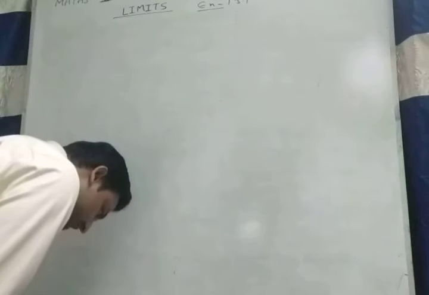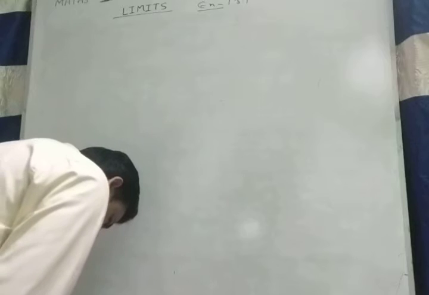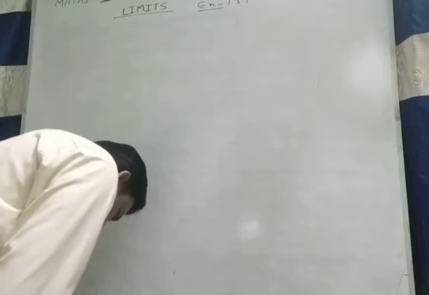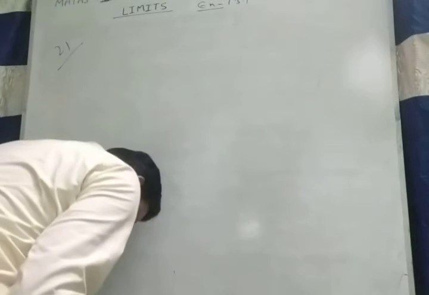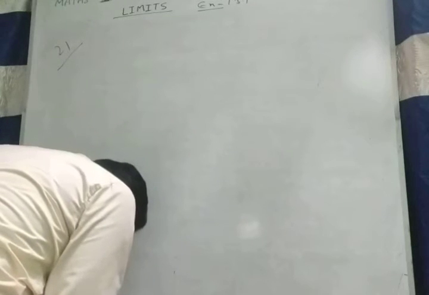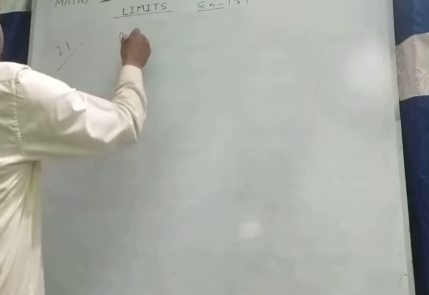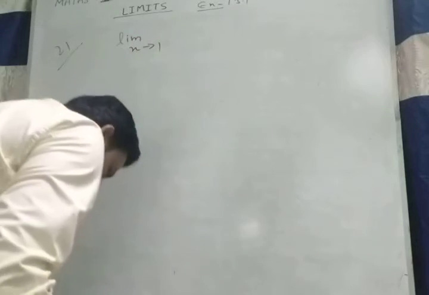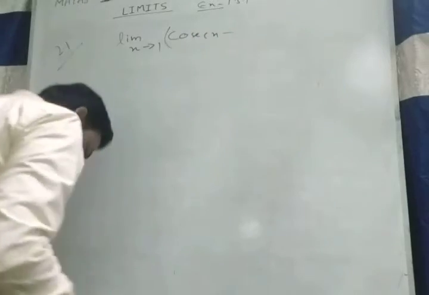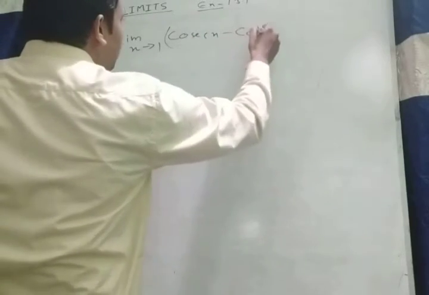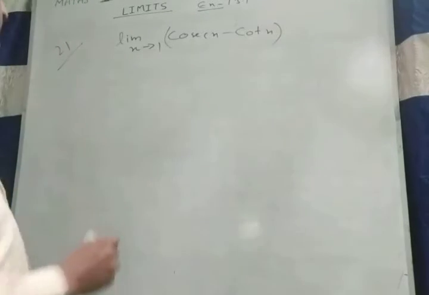Next question is question number 21. Limit x tends to 1 cosec x minus cot x. We have to find the limit of this function.